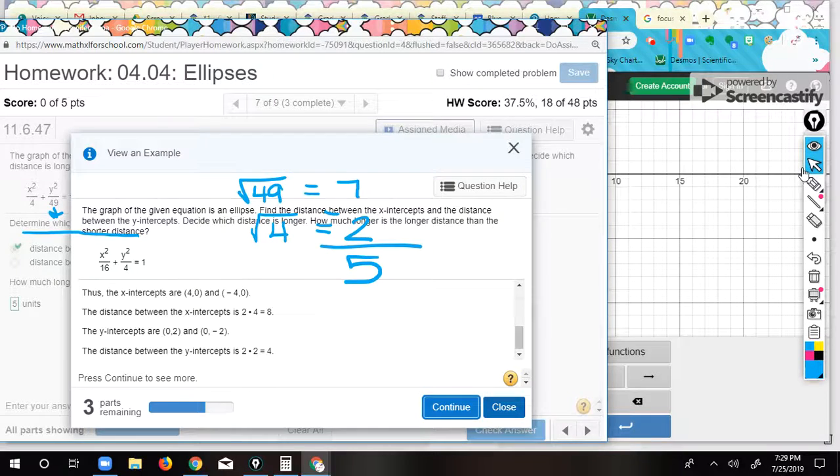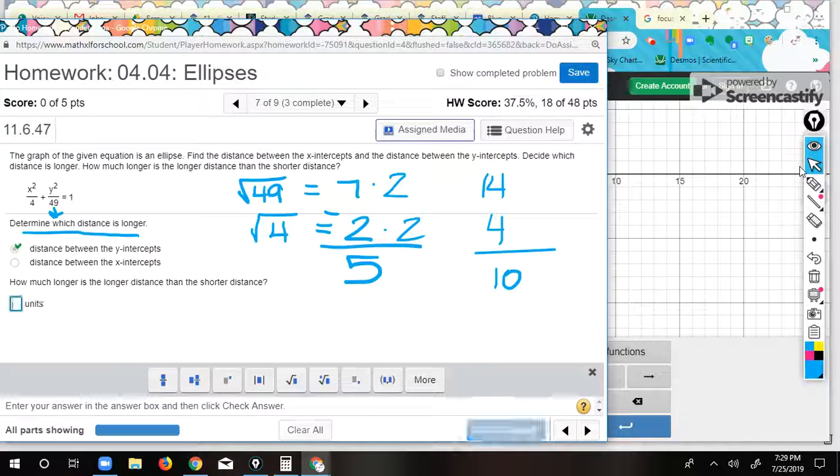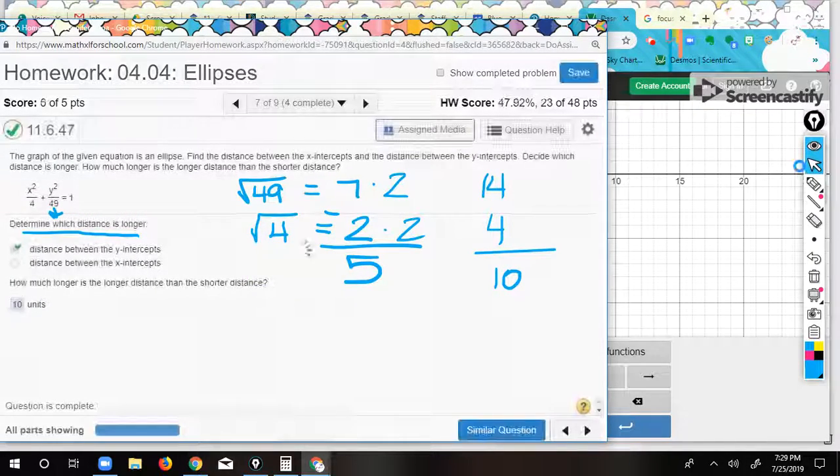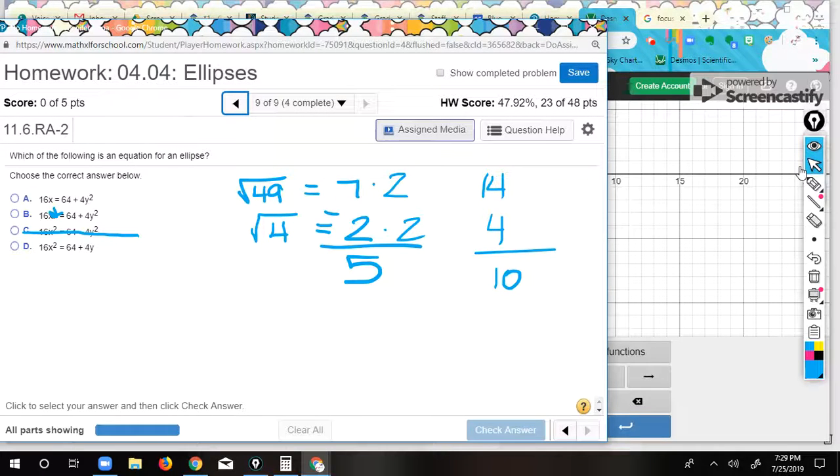That's all it's telling us to do, to account for both of the intercepts. So let's multiply by 2. So we're left with 14 and 4. So we would say 10. We just have to double the distance because we're talking about from intercept to intercept. So what I did is I just looked at the example and I'm like, oh, I have to multiply by 2.